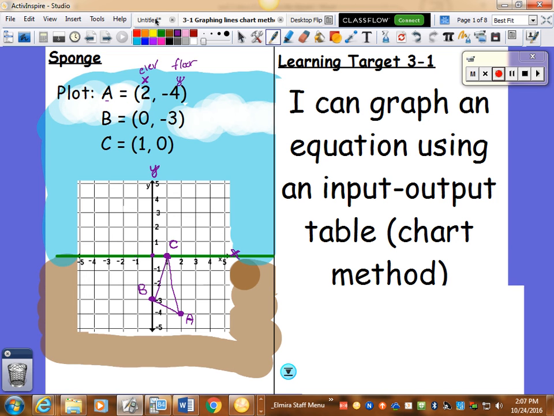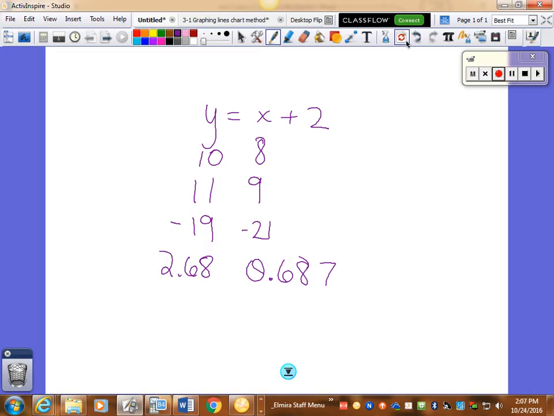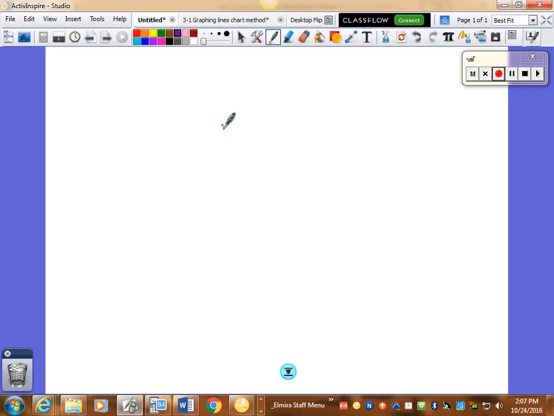Okay. So what I did in class is we started out with an equation. All right. Now you're used to x + 2 equaling 7. And then I could subtract 2 from both sides and I could get x is 5 and I'm done.